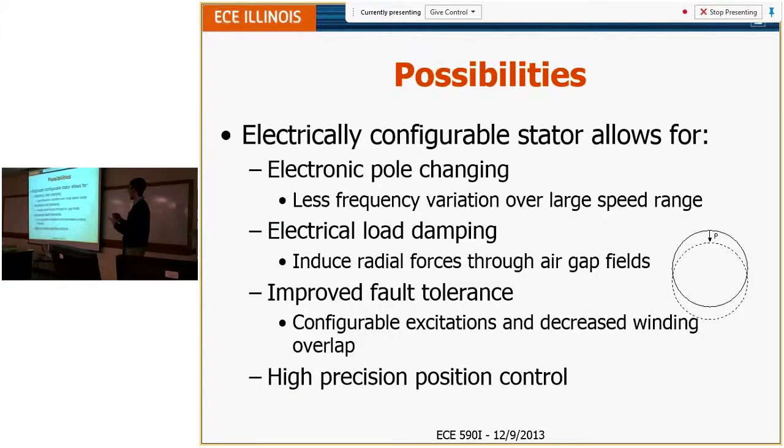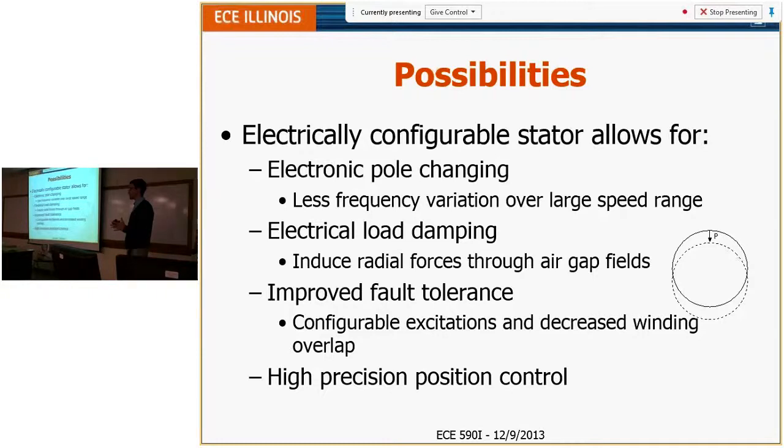So these are just more possibilities, kind of a review of the possibilities if you connect an inverter and use an inverter in your design process. So one is the electronic pole changing, which I just talked about in the last slide. What that allows you to do is, if you say are in an electric vehicle where your speed range is very large, say from 0 to 10,000 RPMs, you'd want to operate in a high pole count at low speeds and a low pole count at high speeds.